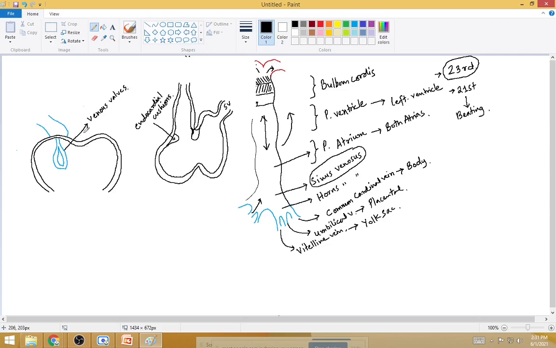On the left side it will be the left venous valve, on the right side the right venous valve. Okay, this part is clear.